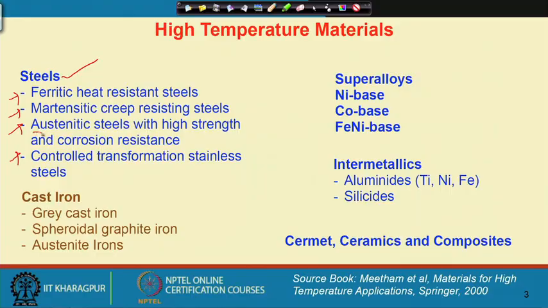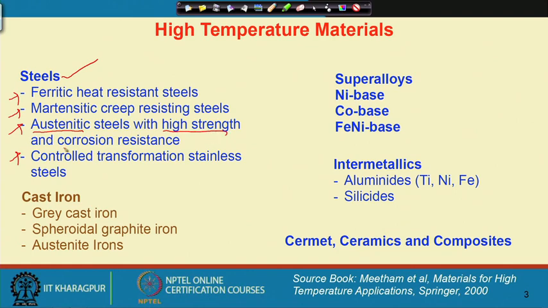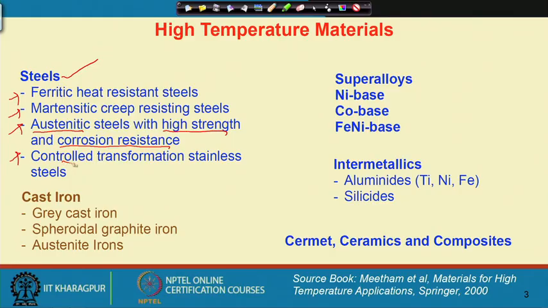Now, austenitic steels are very well known for their high formability. And we can tune the microstructure to achieve very high strength, or for a very aggressive corrosion environment. Or there are some steels with phase transformation characteristics, control transformation steels, which we can use.